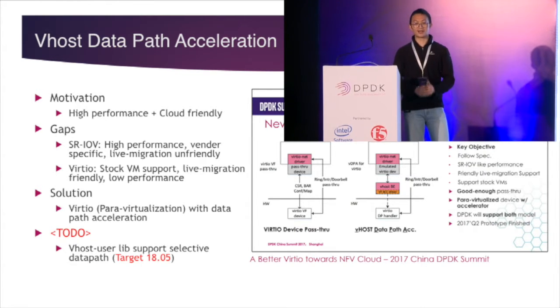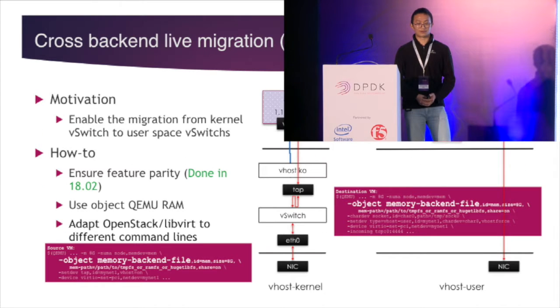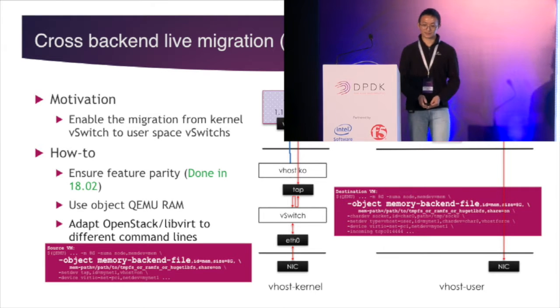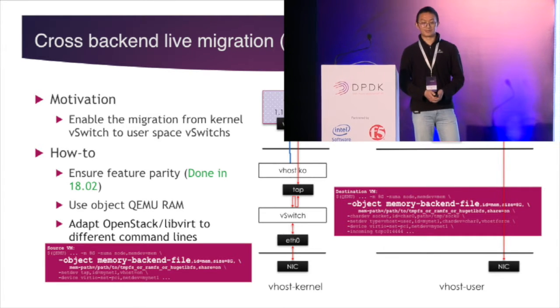And we're trying to upstream this VDPA framework in 1805, and currently it's V2. So I hope you can take a look, and whether you like it or not, just provide your comments.